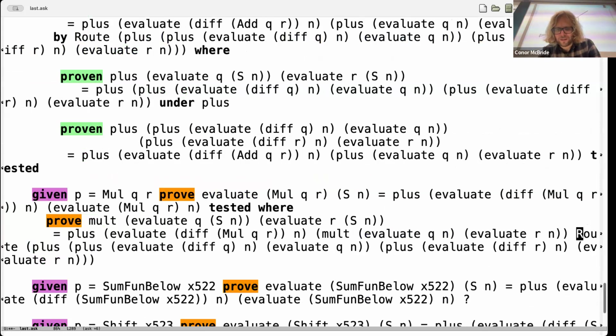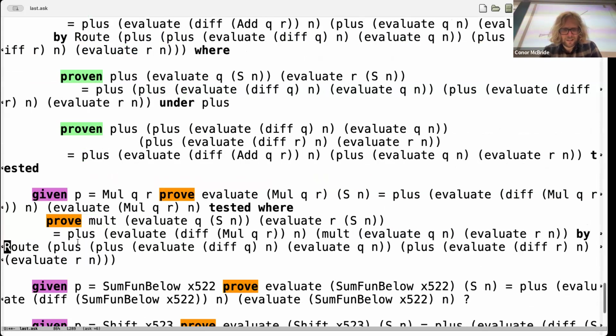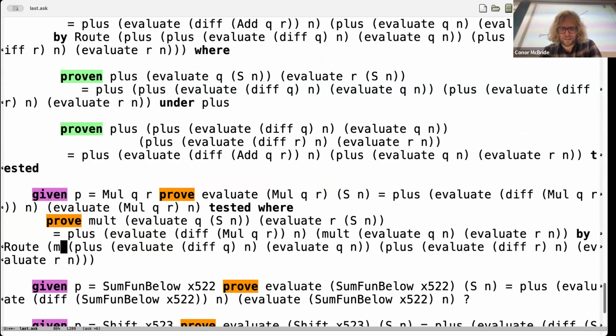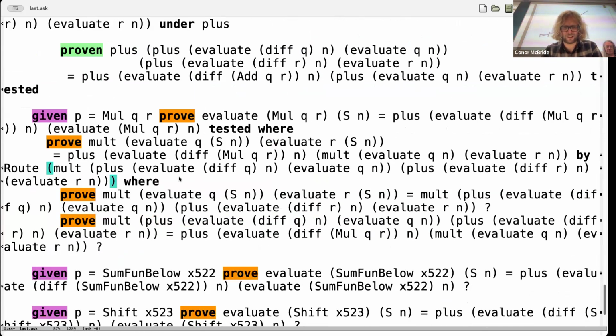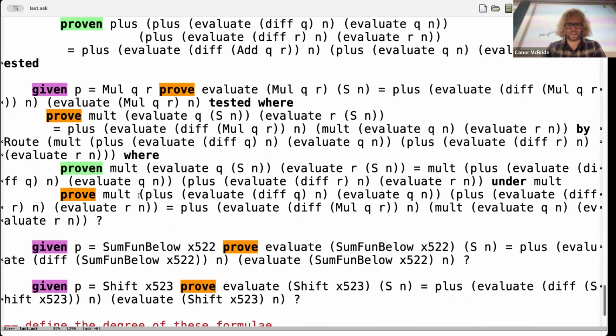Right, but I should also say by root. And then that was a mult. And then this thing here is what this should be. And this thing here is what this should be, right? So if I do that, I get these two sub-goals. The first one is just under mult. And the second one, we actually have to do some work.